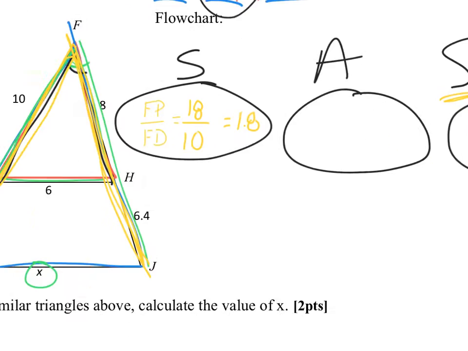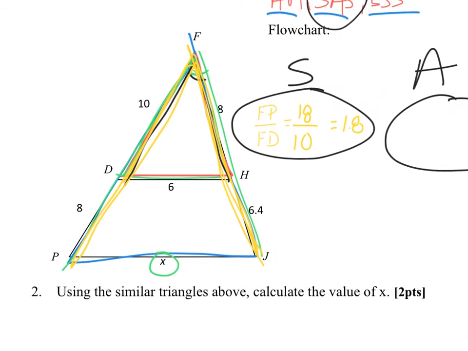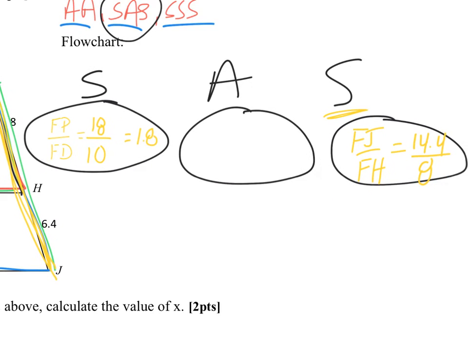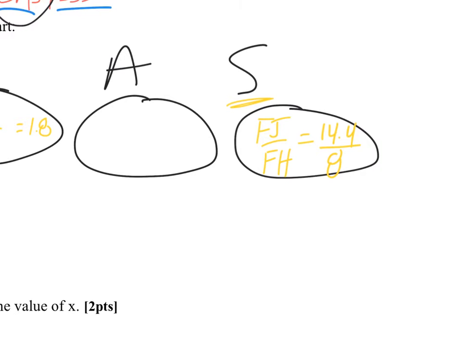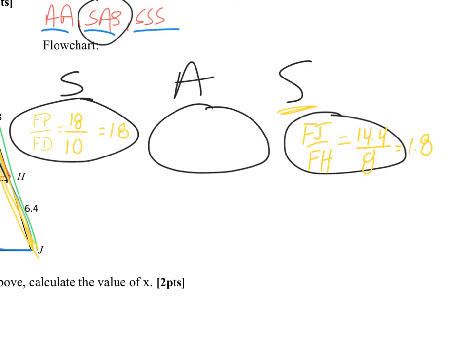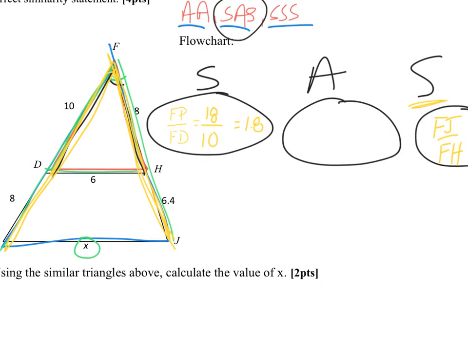That ratio of sides is equal to 14.4 divided by 8. Now, when you divide that in your calculator, you end up getting 1.8, which is exactly what we want. We want both of those numbers to be the exact same. We want 1.8 and 1.8, those ratios of sides to be the same.